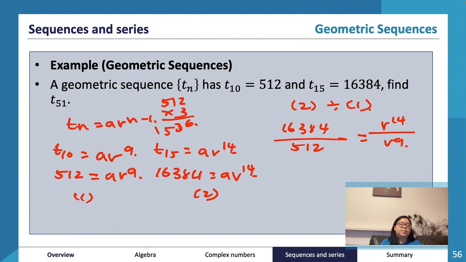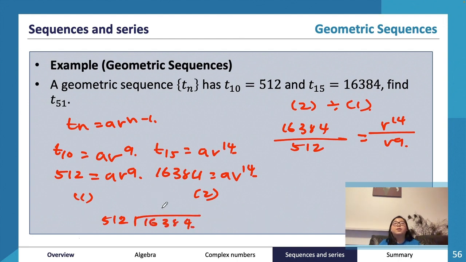We can also do a bit of long division. You can either decompose it or just do a bit of long division, to simplify it a little bit. So 512, 16384, right? So we talked about how 512 wouldn't go into that. If it went into that, we would be timesing it by 3.